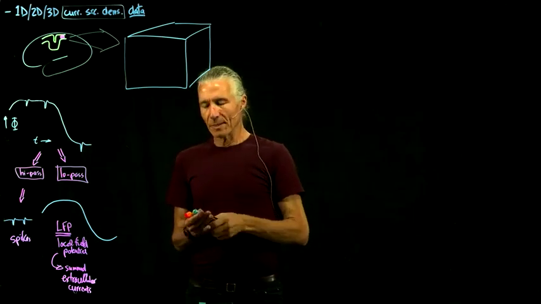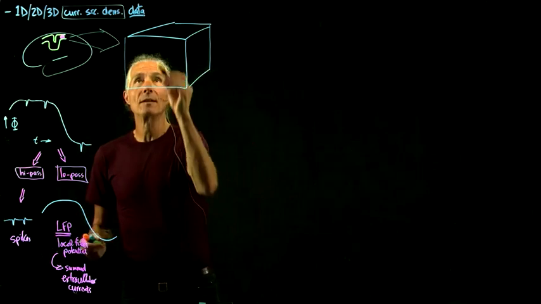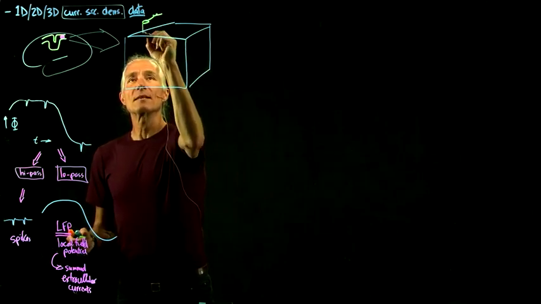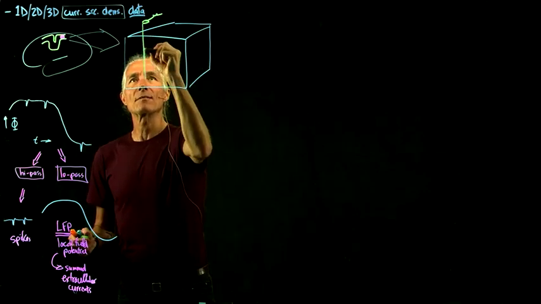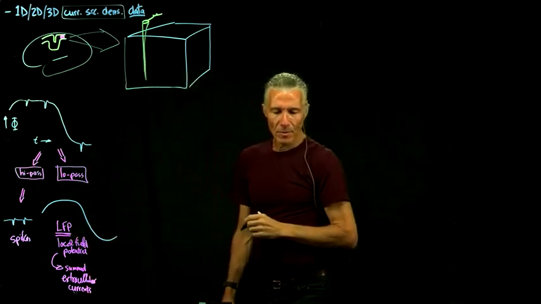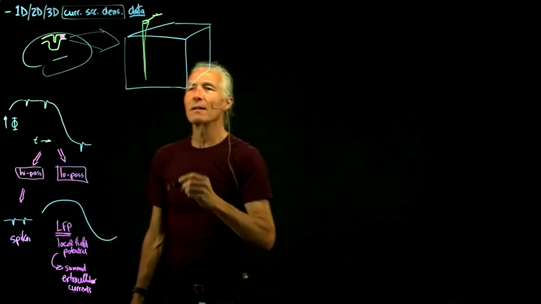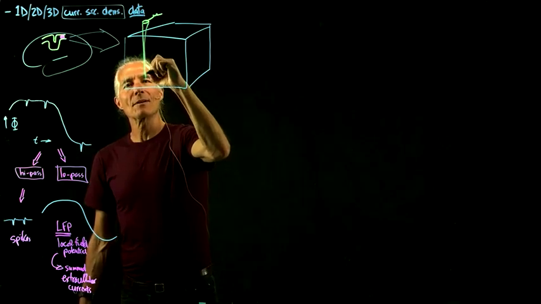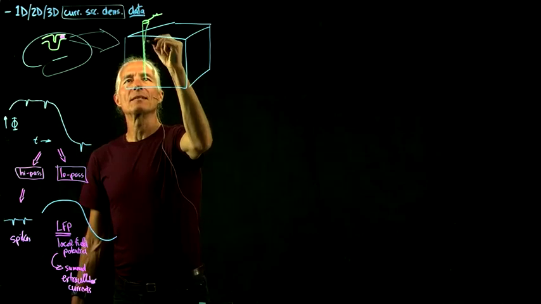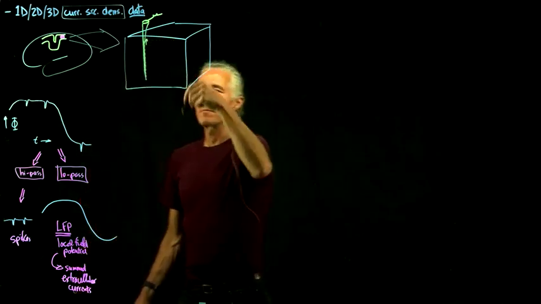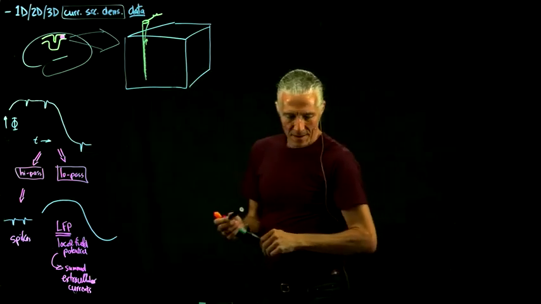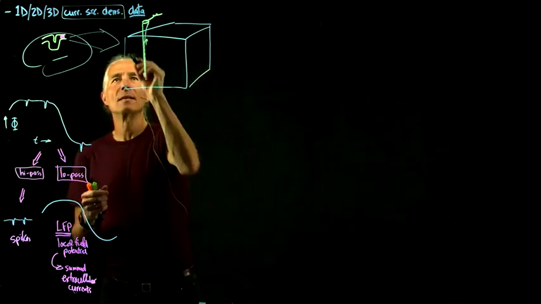We would typically do this by putting a microelectrode down into the cortex, and then you typically put it in and then pull it back out and record the response to an event. Basically you put it all the way down to the bottom and then slowly pull it back out.